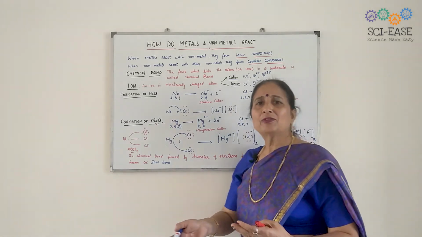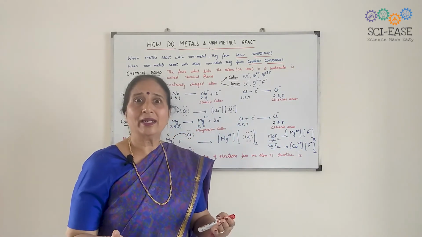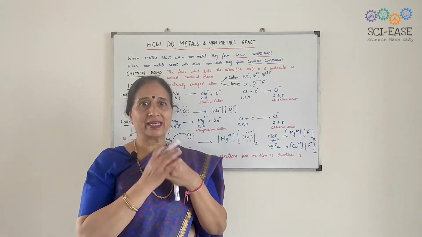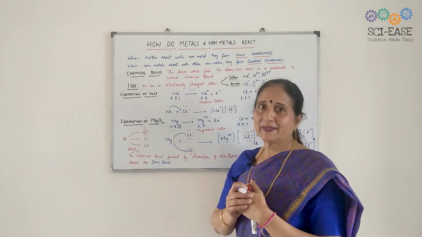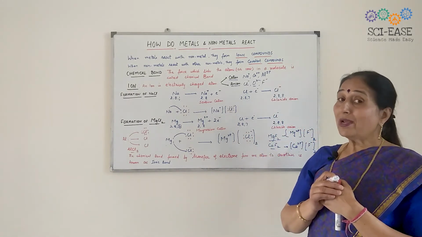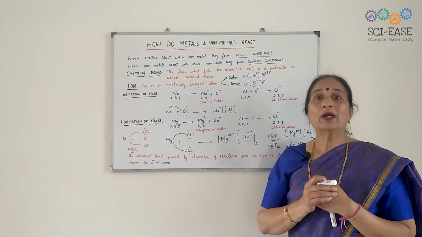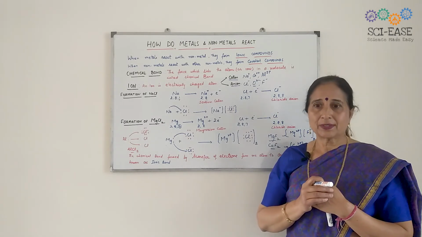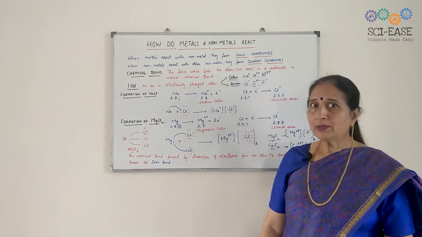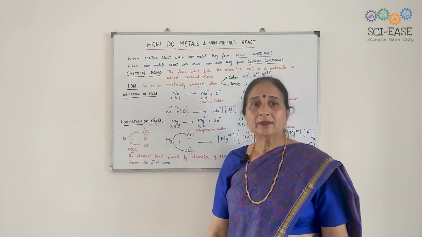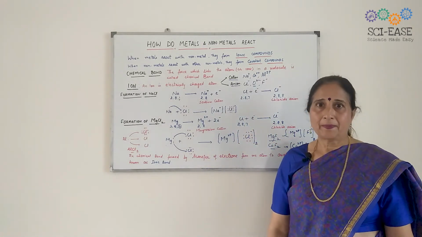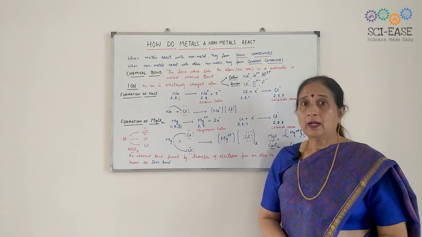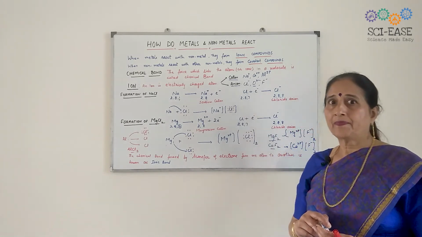CaF2, MgF2, they are all ionic compounds which are formed by ions, cations and anions. So I want to tell you the properties of ionic compounds. Ionic compounds are usually solids. They are hard and they are solids.